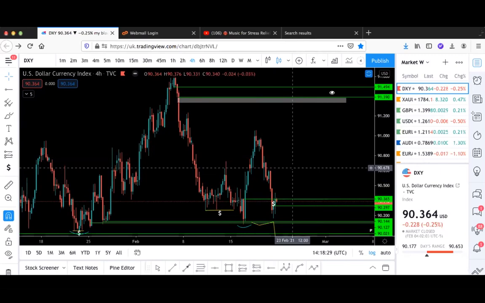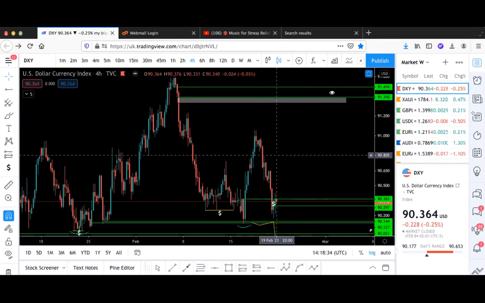That's what we call price divergence, between the dollar index and EUR/USD and GBP/USD. We'll look at one later.